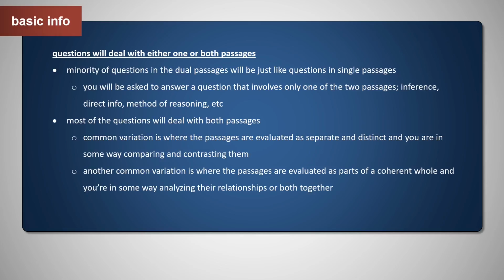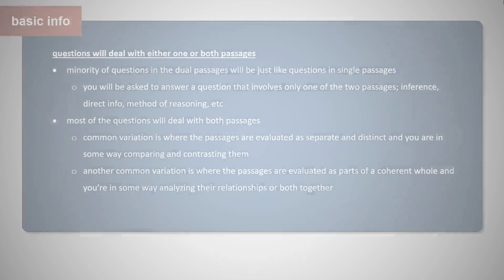You're either dealing with a normal question that we've gone over up to this point, which deals with just one of the passages, or a question that deals with both passages, either as separate and distinct with respect to some comparison and contrasting, or where the two passages are looked at as a whole, and the question asks about some sort of relationship between them.